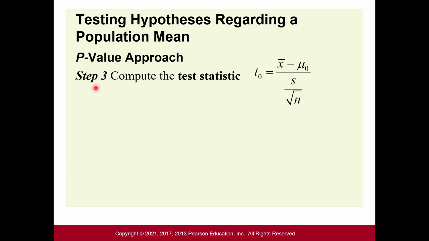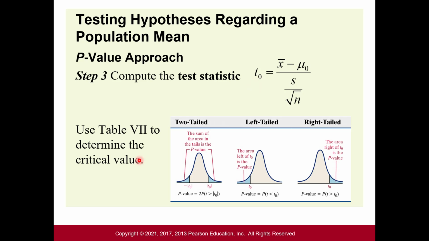Starting over at step 3 real quick, using the p-value approach, same step 3, compute your test statistic T0. Then we go to our T distribution table, and this time we want to get our p-values.